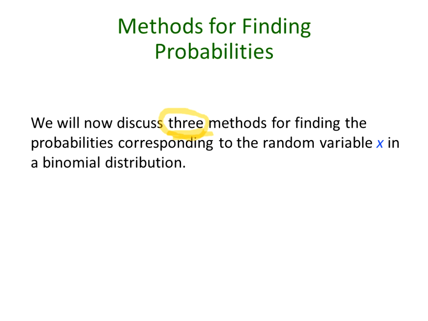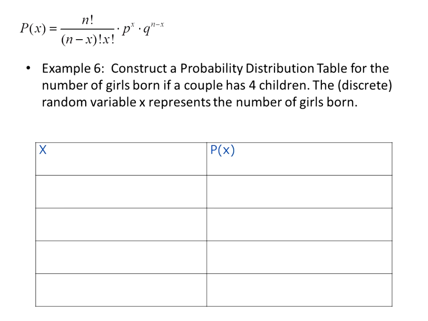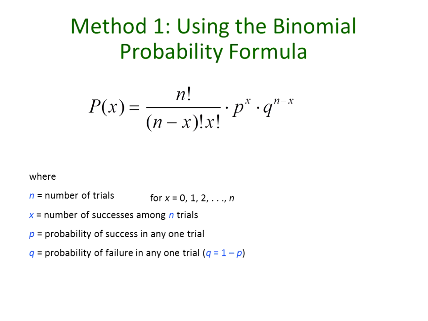Method number 1 is using the formula. It's important for you to know why we use this formula. The next method would be using the tables that are in your book. And the third method would be using your calculator.